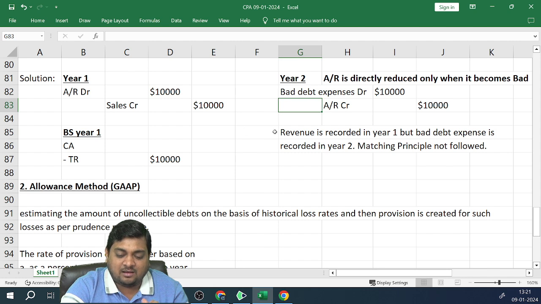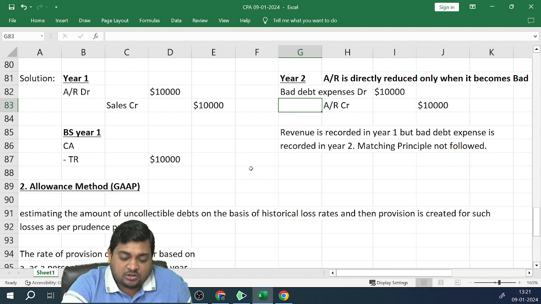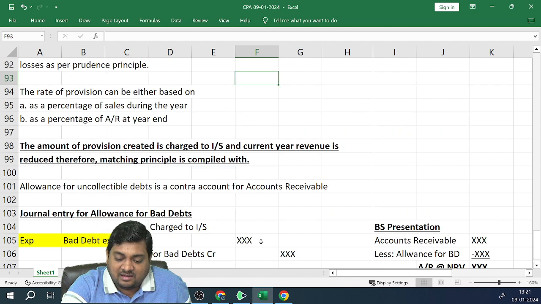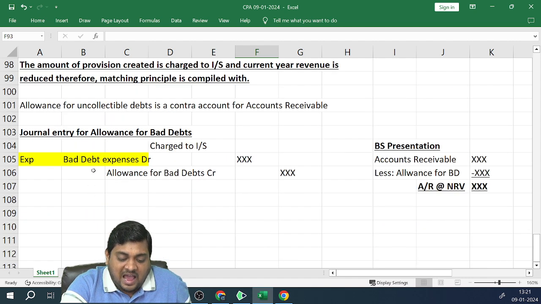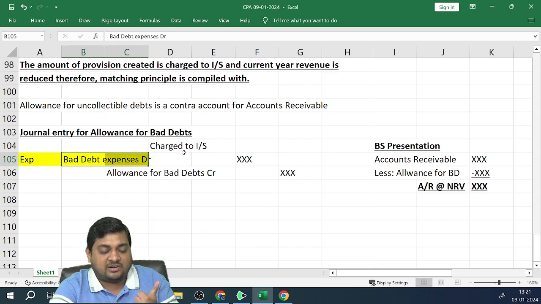So anyway, this is not GAAP complied. Matching principle is not followed. But under allowance method, you can see very carefully, I have shown the bad debt expense on some estimation, right?